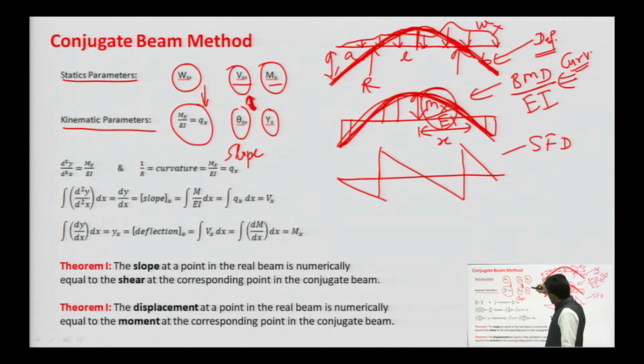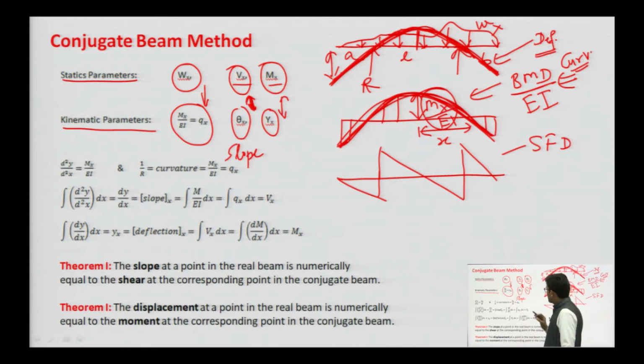Similarly, bending moment and displacement are conjugate with each other. Slope and displacement are conjugate with shear force and bending moment respectively.